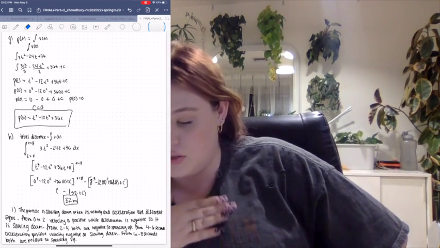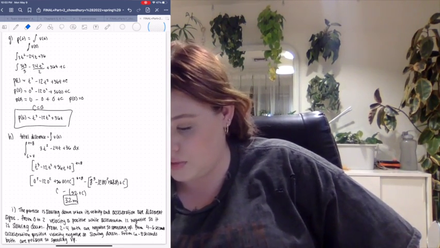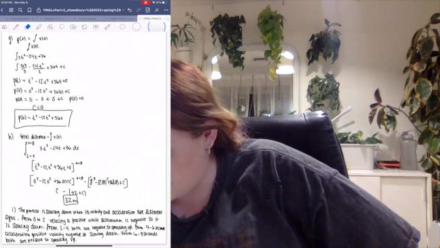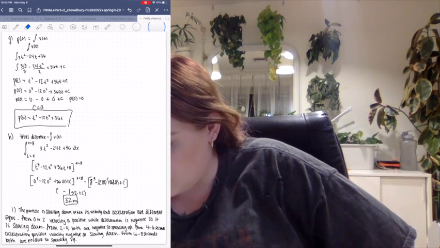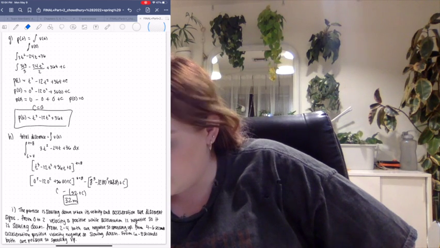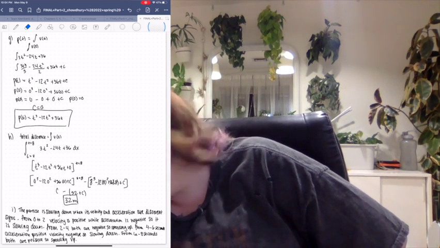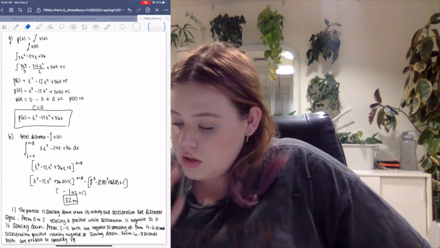So on the left, time equals 0. On the right, time equals 8.